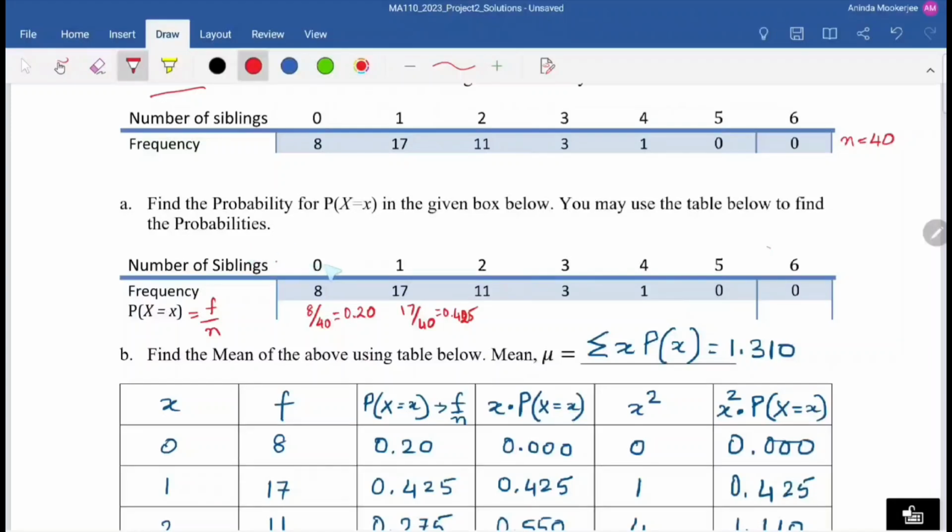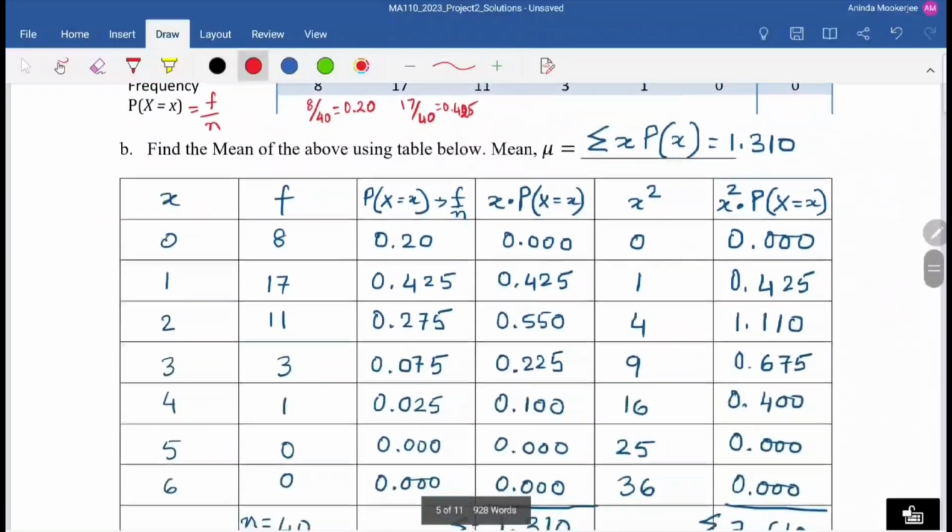The number of siblings. So this is an x, this is an x. So x equals 0 is a value of x, x equals 1 is a value of x. All right, so even though the number of siblings, the variable, is represented by the uppercase letter X, the individual values of the variable are represented by the lowercase x.